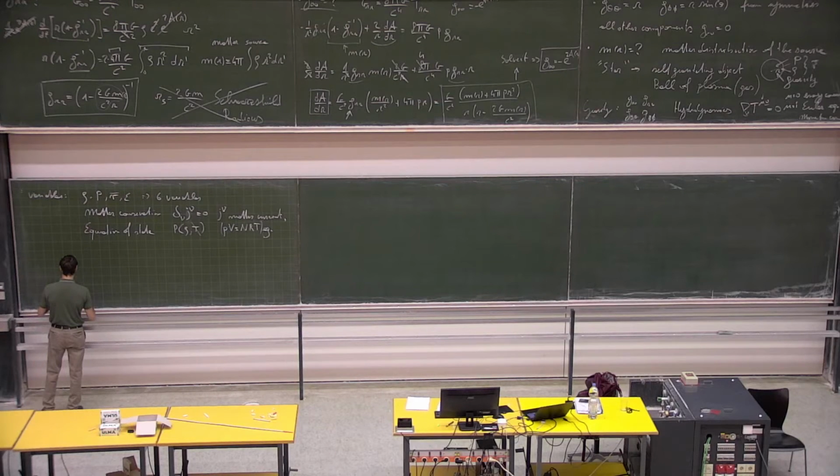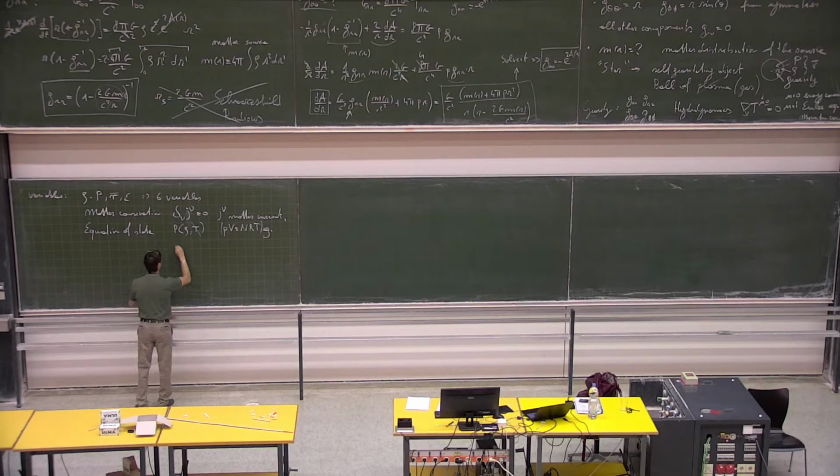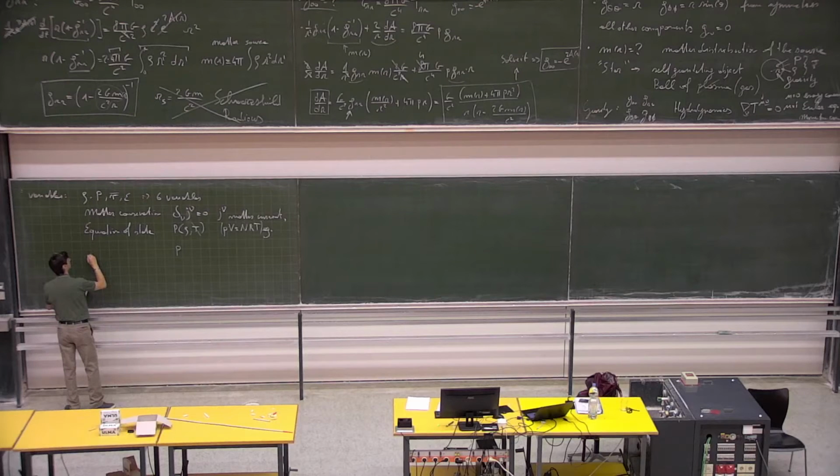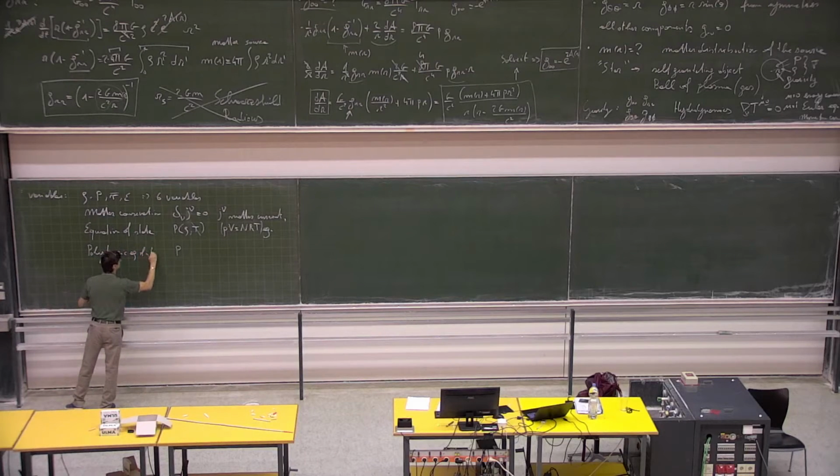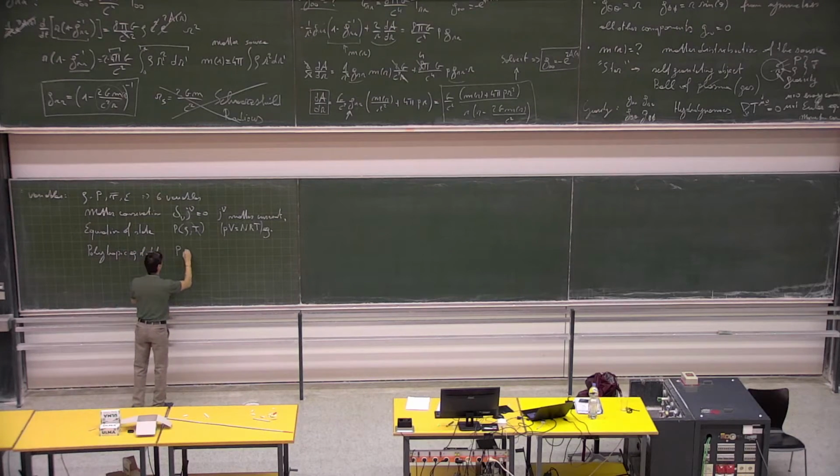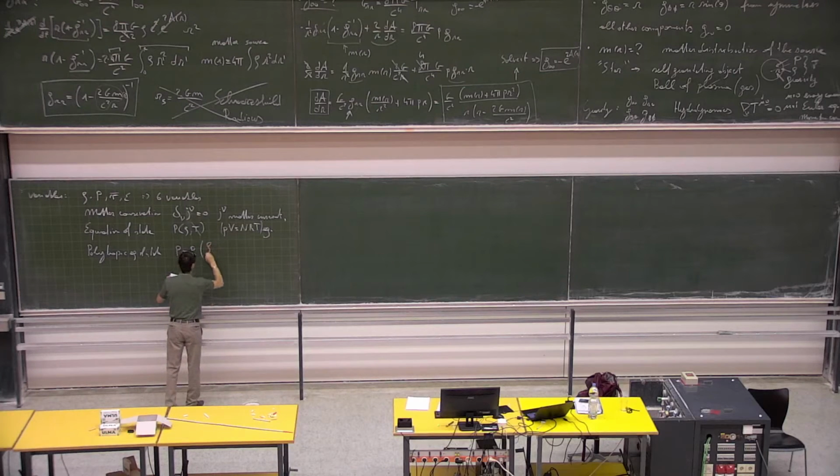Good. I just give you an expression for the equation of state which is often used in astrophysics, the so-called polytropic equation of state. In which the pressure is equal to the pressure at a certain location times ρ, the density, divided by ρ at that location where we estimated the pressure, to the power of γ.